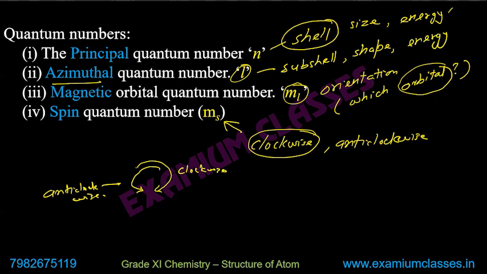Here shape is major, energy is minor. Magnetic quantum number will give you the orientation, which particular orbital we are talking about. Spin quantum number gives the orientation, meaning the spin, of the electron.